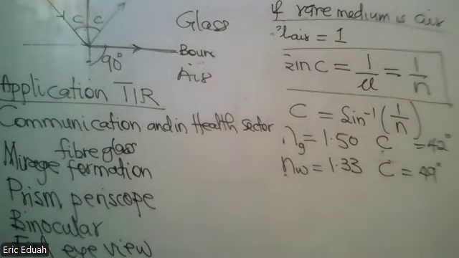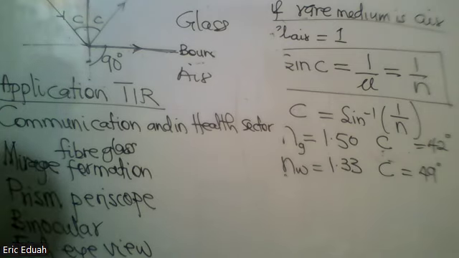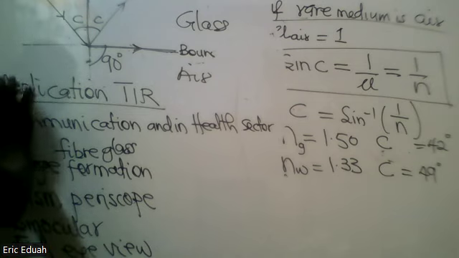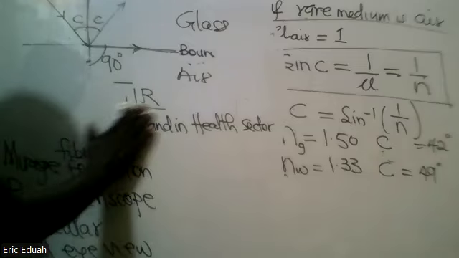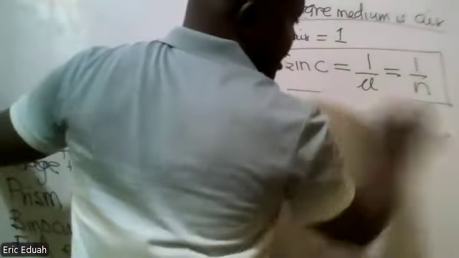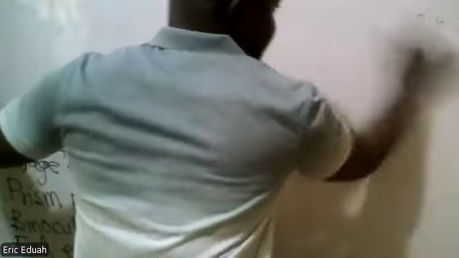Mirage formation. We need to talk about mirage formation. How is it formed? A mirage is an optical illusion due to refraction of light. Last time we spoke about how it is created.